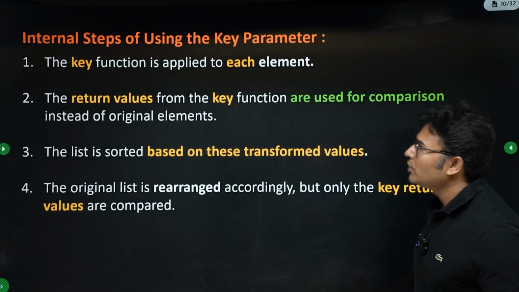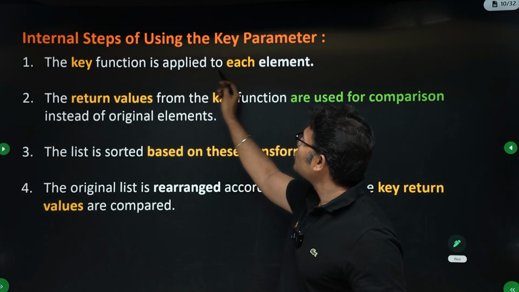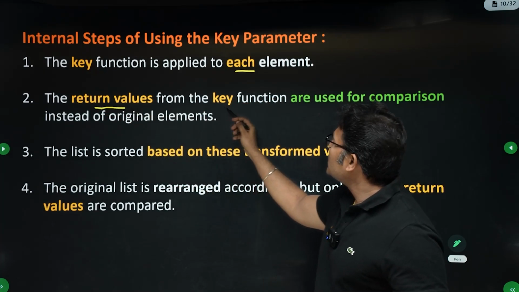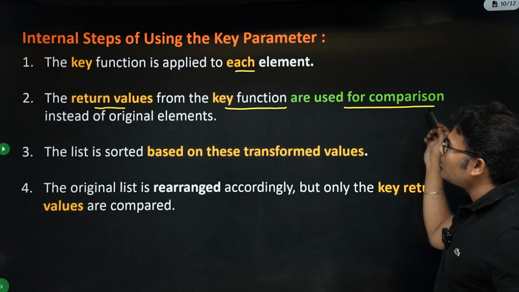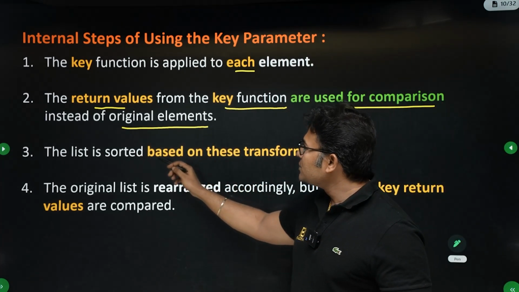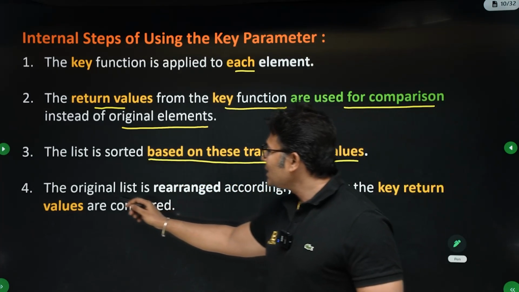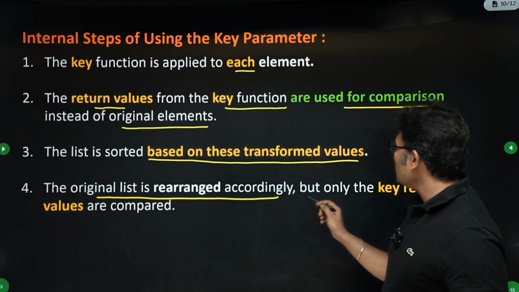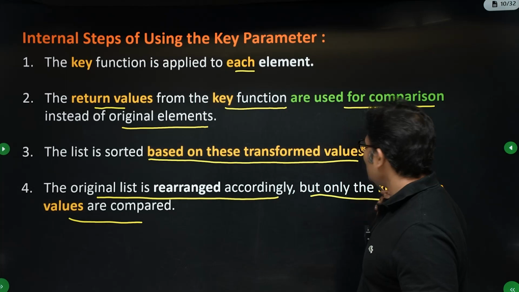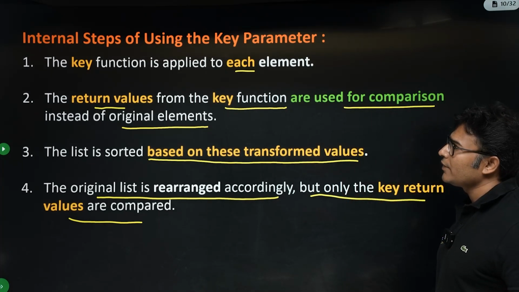The internal steps are: the key function is applied to each element. The return values from the key function are used for comparison instead of the original values. The list is sorted based on the transformed values, and the original list is rearranged accordingly, but only the key function's return values are compared.